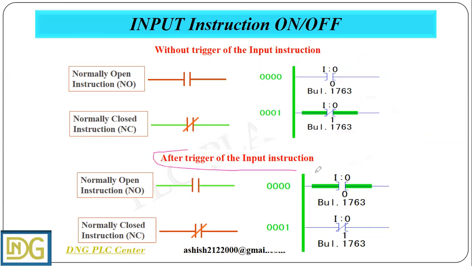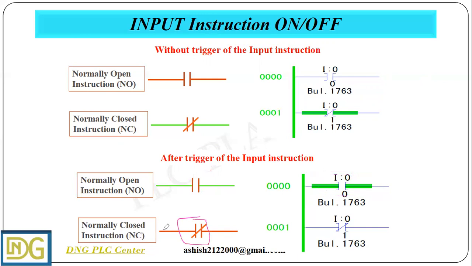After the input instructions are triggered, when we press this, it will change state. As you can see, here it will not energize, and here it will energize. When the NO instruction is triggered, the instruction is energized.